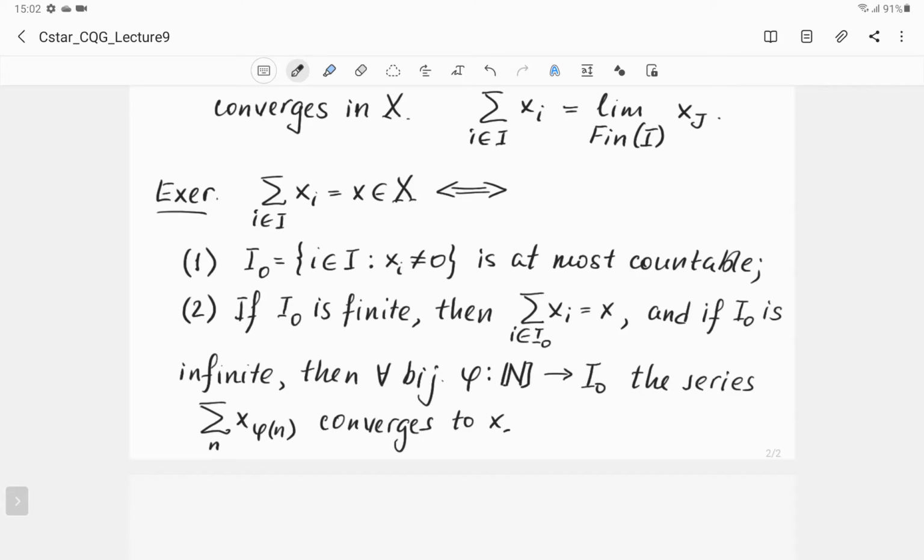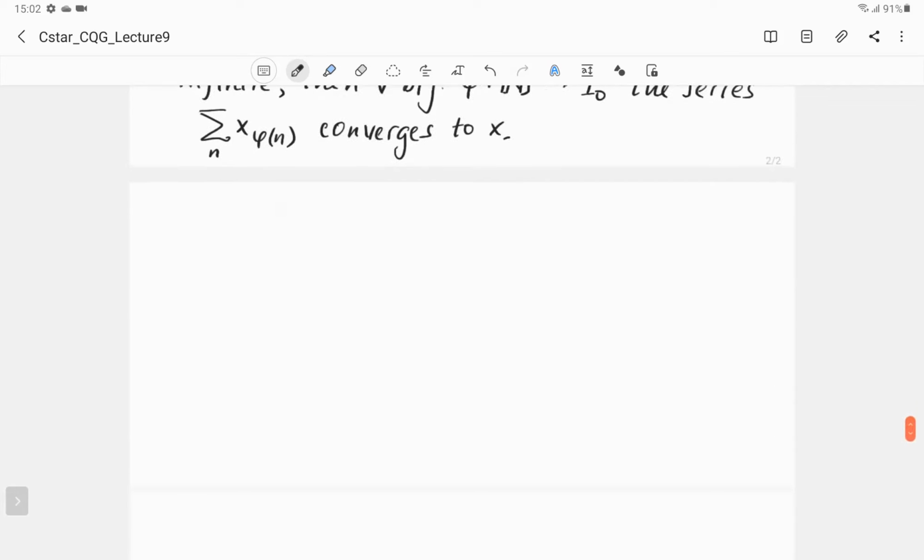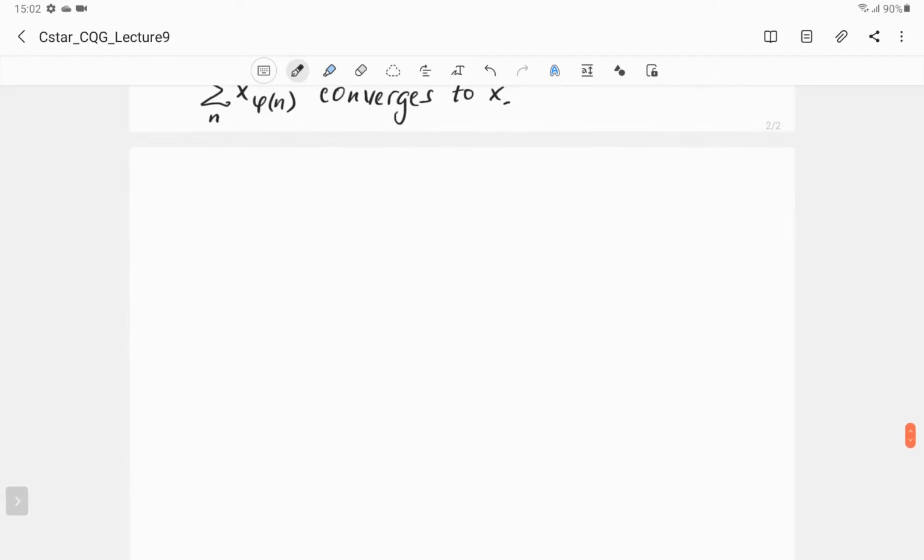Okay, now let's introduce Hilbert direct sums of star representations. Hilbert direct sums. Well, first of all, let's recall a standard notion from functional analysis.